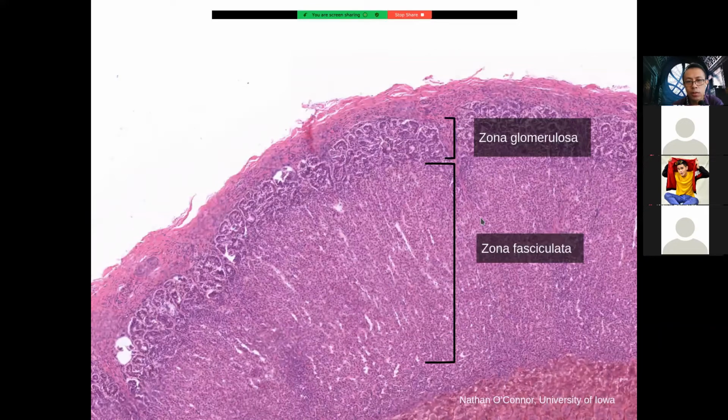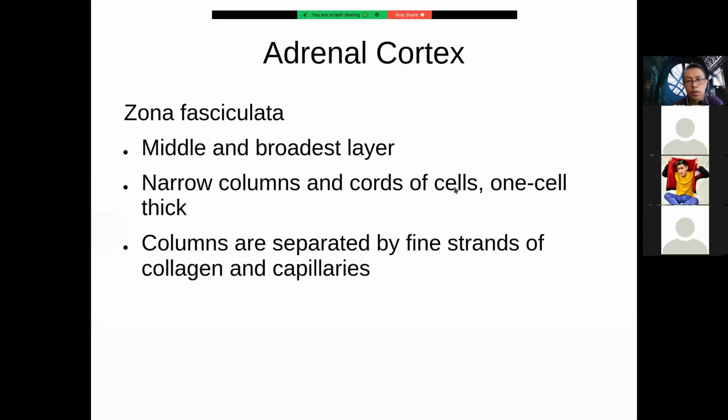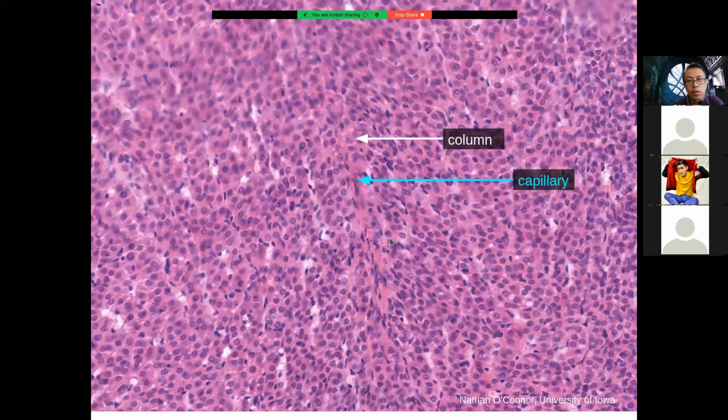Since it has a lot more space, it has a lot more fat, so it looks a lot chubbier. The chubbiness of that cell gives it its name. The name of those chubby looking cells is spongiocytes. So spongiocytes form columns here, and for every column, there is a capillary.